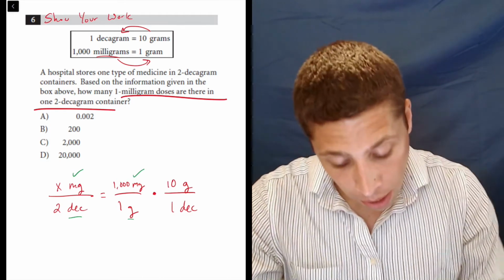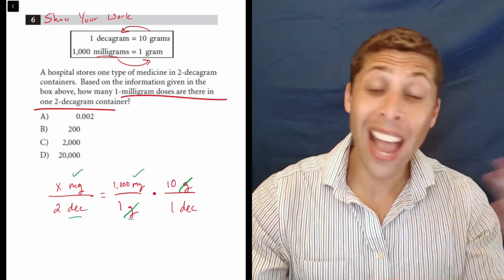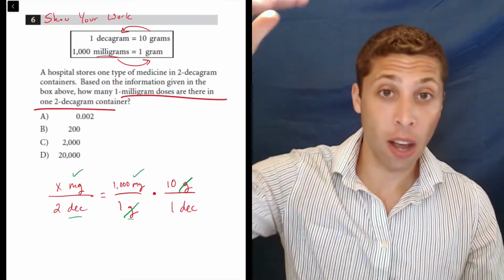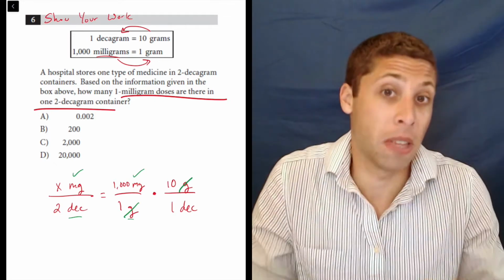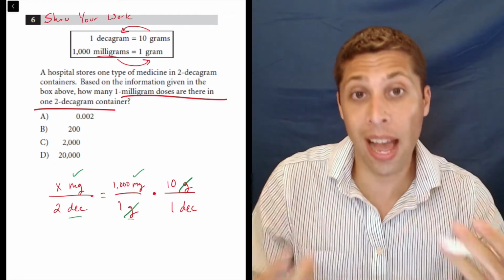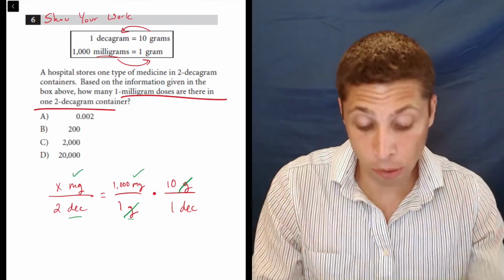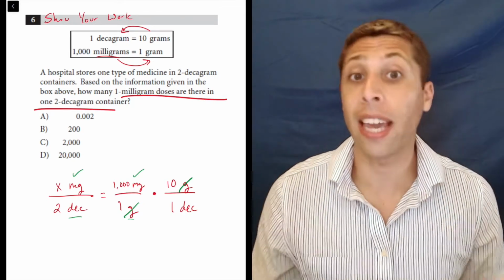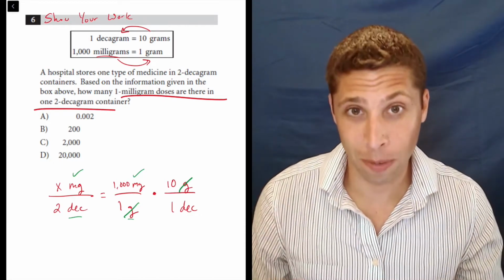Number 1, I want to be able to cross out grams. And with any fraction, if I have something on the top and something on the bottom and they're being multiplied, or it just exists and I want to reduce it, that's division, and that lets me divide those things out. So the grams on the top and the grams on the bottom cancel each other out, and so now grams are gone. They're not even part of the equation anymore.